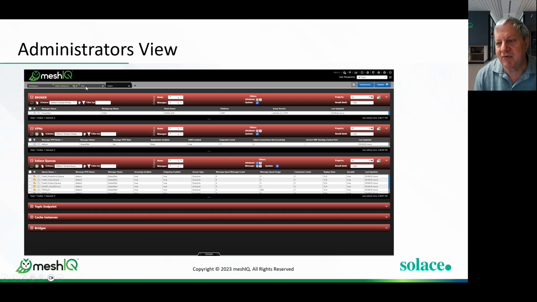But you can see at the same time, I still have MQ and Kafka and other things as well, but I have visibility into my Solace environment and all of the different components, again, across the entire mesh. So this could be instances of Solace on cloud, on-premise, software versus hardware, doesn't matter. You get to see all of that in one single place within the meshIQ solution.